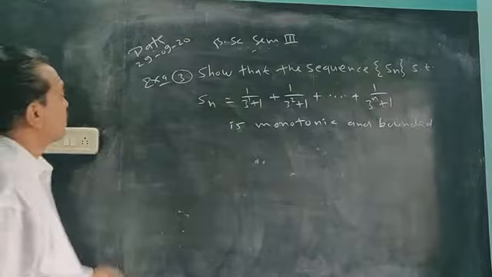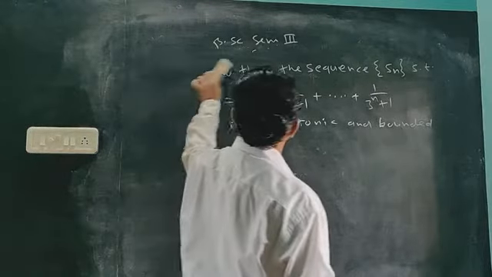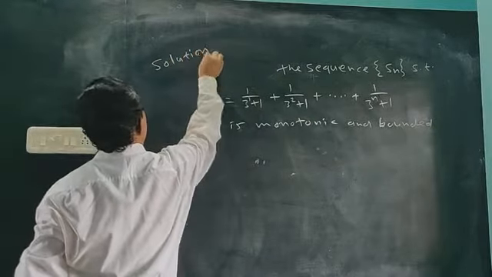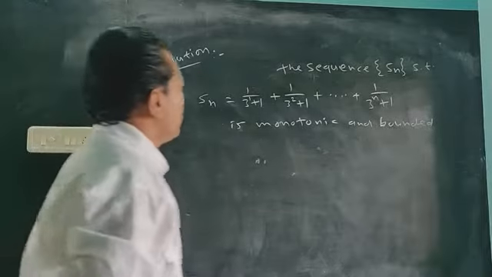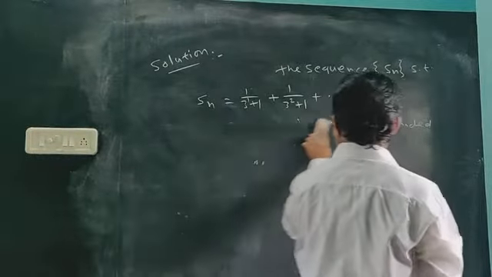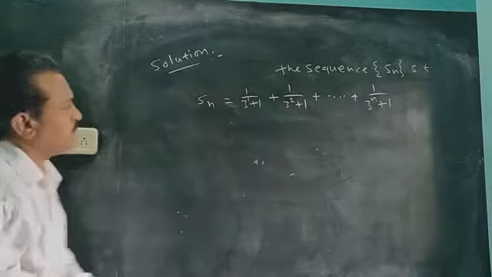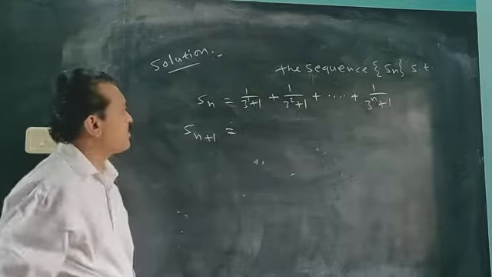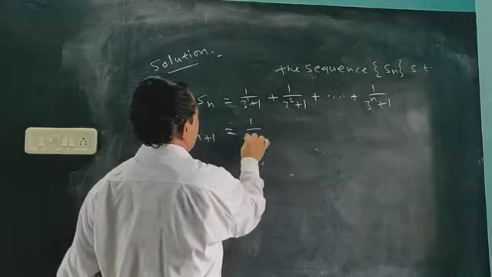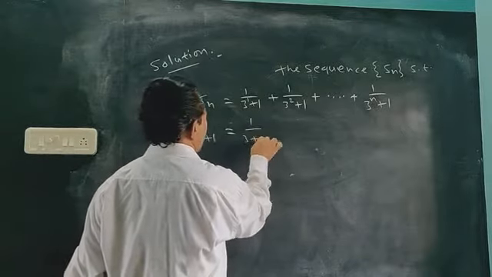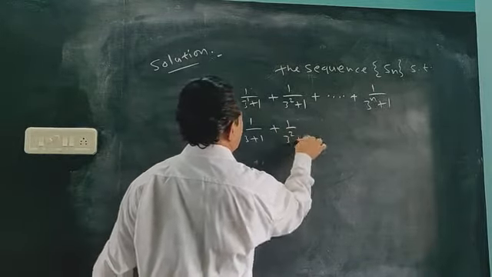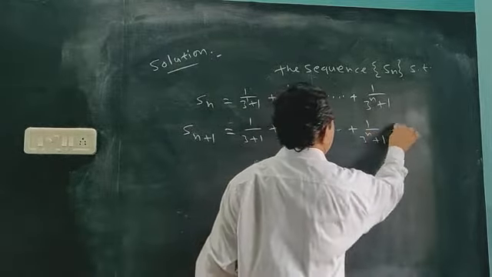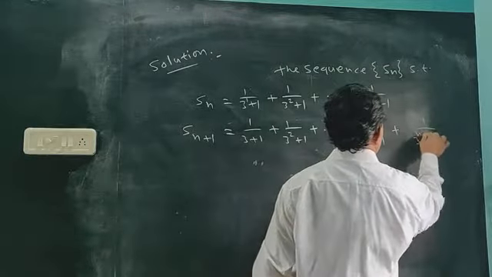Okay, so it's like a sequence. The sequence Sn, so I want Sn plus 1 term, in place of n plus 1, one more term, one extra term. This is the n term, now the n plus 1 term.